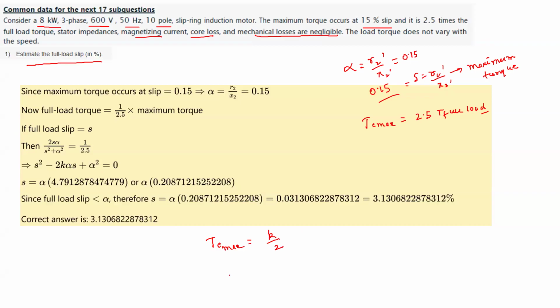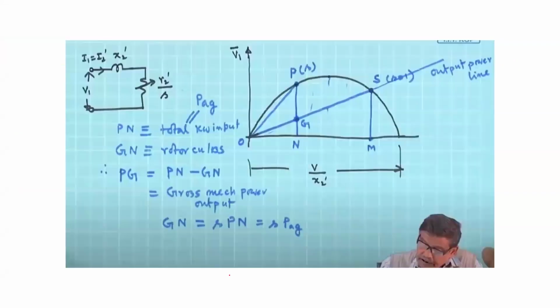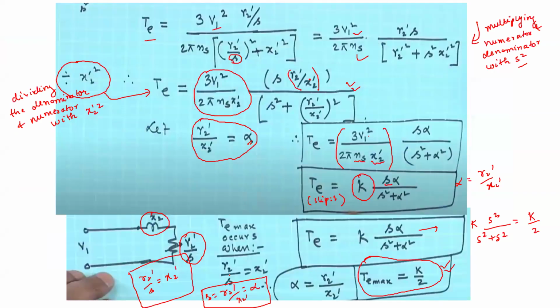And the expression of torque at any slip, which can be a full load slip also, is k into s alpha by s square plus alpha square. Let me write this: k into s alpha by s square plus alpha square.